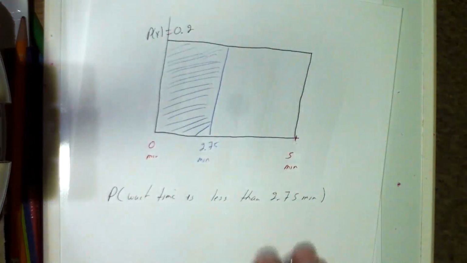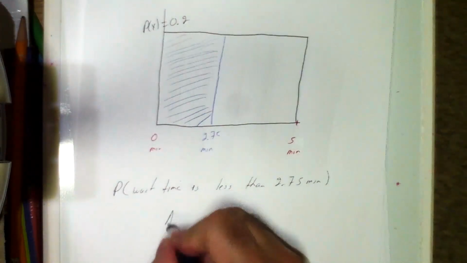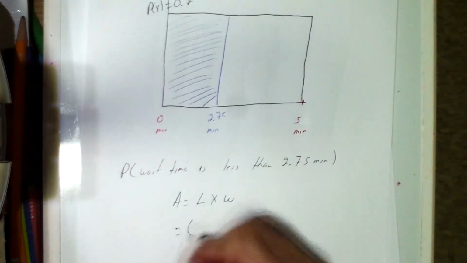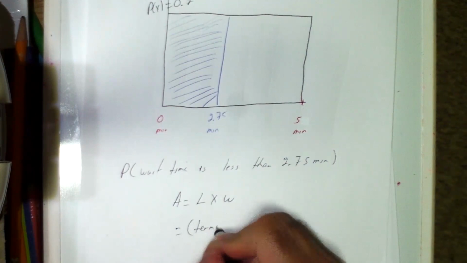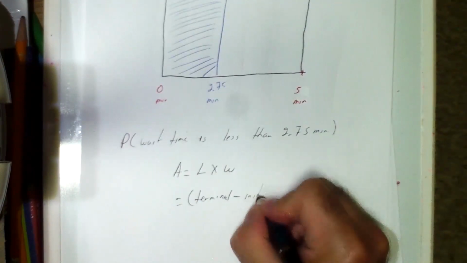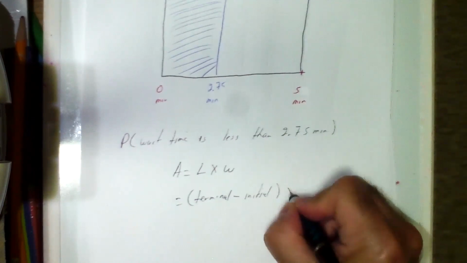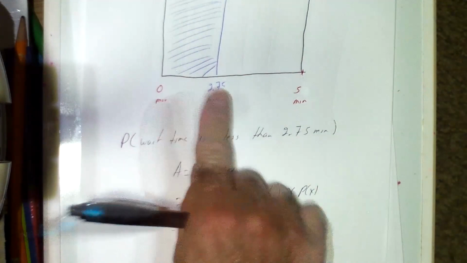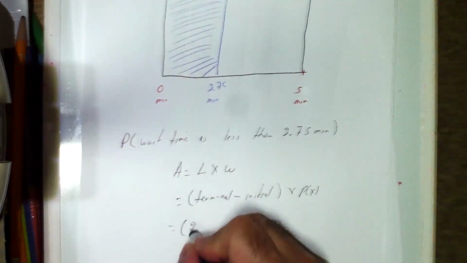You're going to have to use the area formula. So again, area equals length times width, terminal minus initial, times P of X. So there's my initial, there's my terminal, so it'll be 2.75.